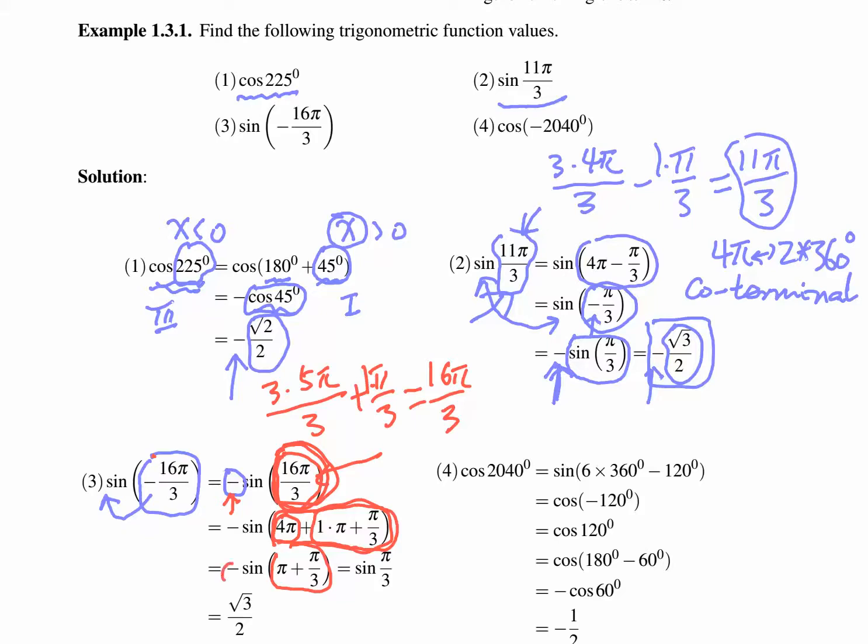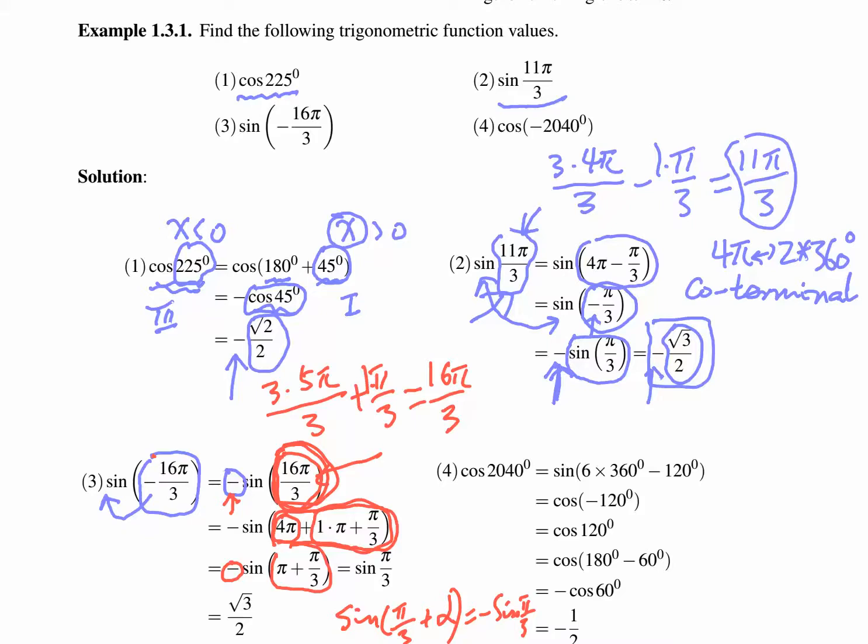You keep the negative sign. Well, previously we have a formula, which is sine of pi plus alpha equals negative sine alpha. Previously we have that.